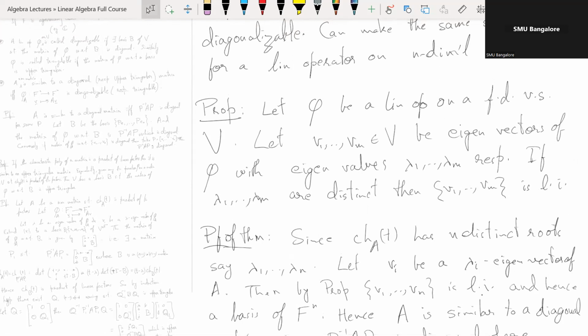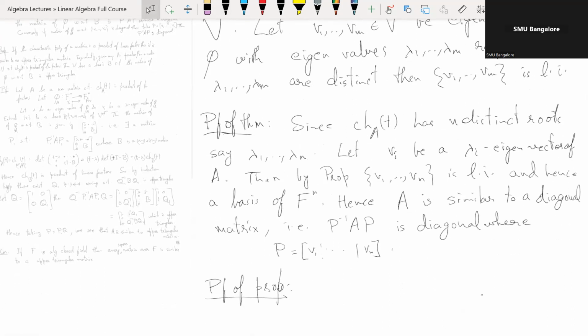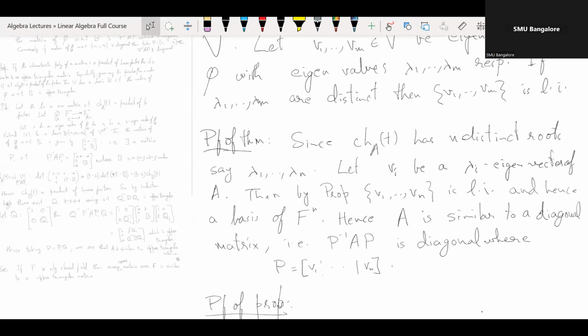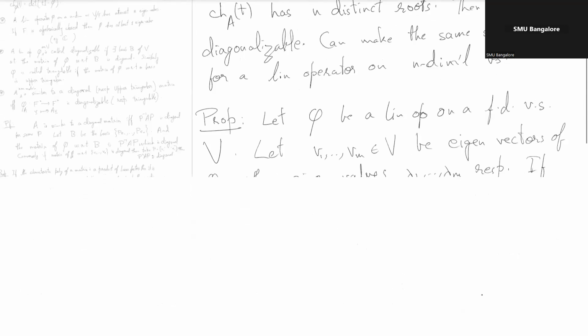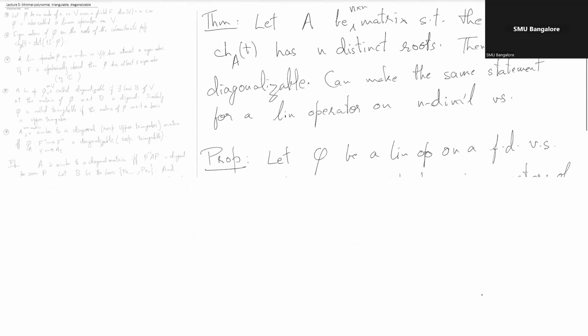If there was only one vector, there's nothing to prove, since eigenvectors are supposed to be non-zero. So it is okay. If there are two vectors, say V1, V2, so let's try two and then we will go for general. Why does it create this trouble?